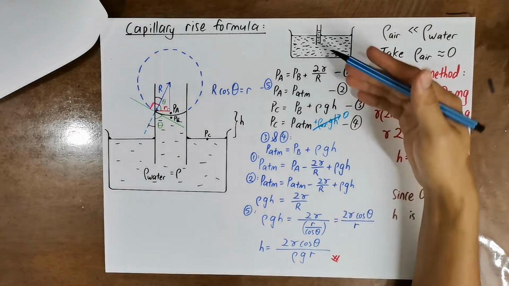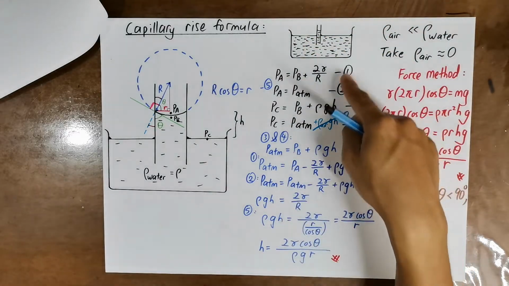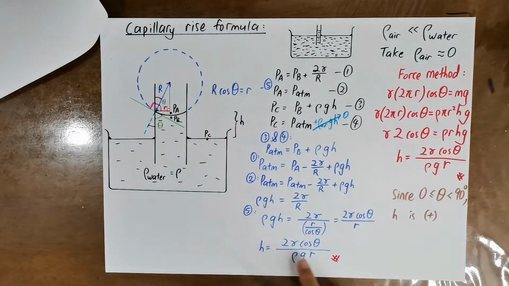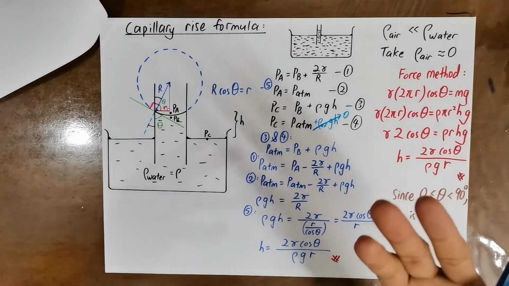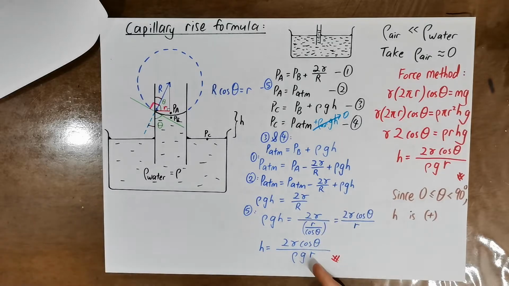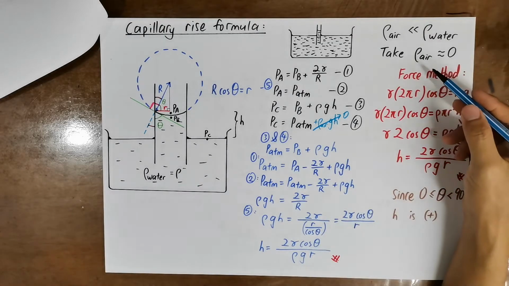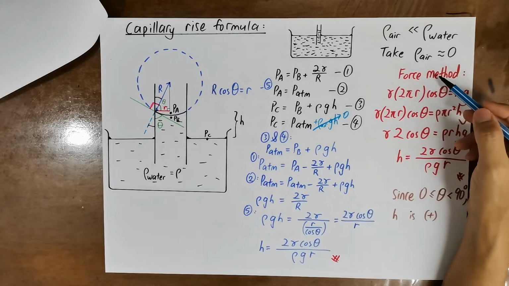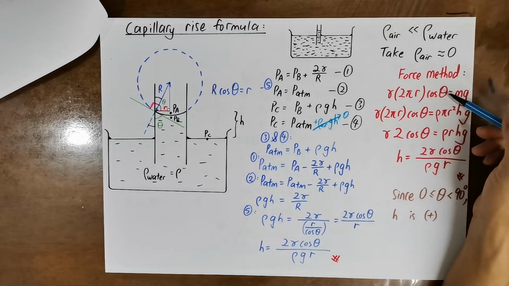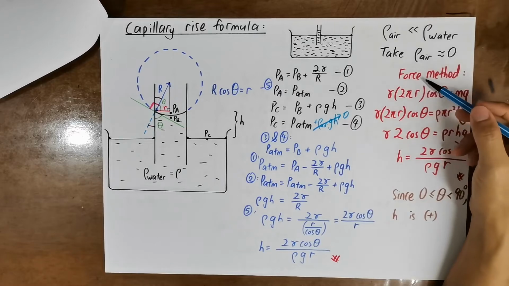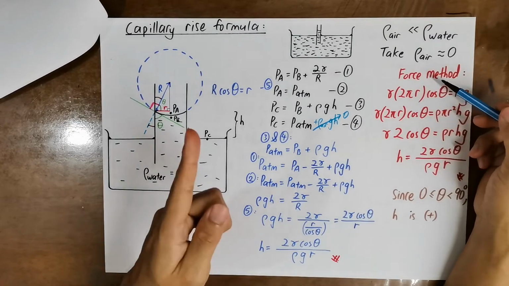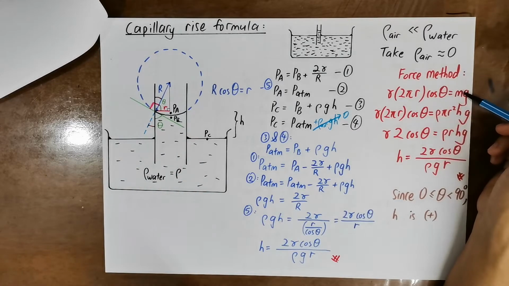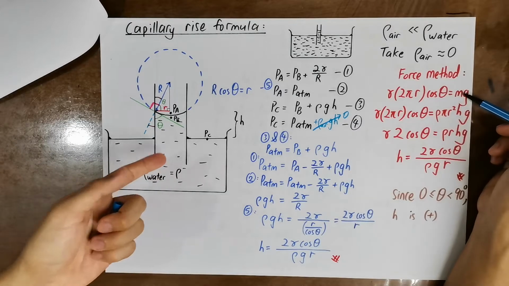By using all those formulas 1, 2, 3, 4, 5, you can eventually arrive at the height of the water which can be raised in your capillary tube. Or you can choose to use the force method: the surface tension force in the upward direction is exactly the same as the weight of the water that you have raised.